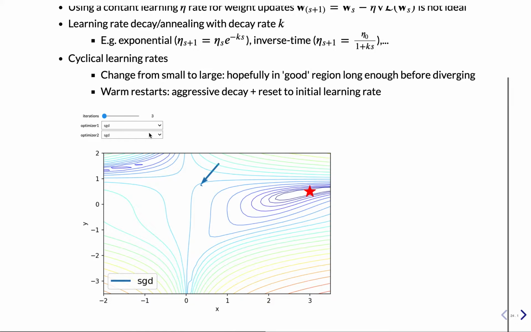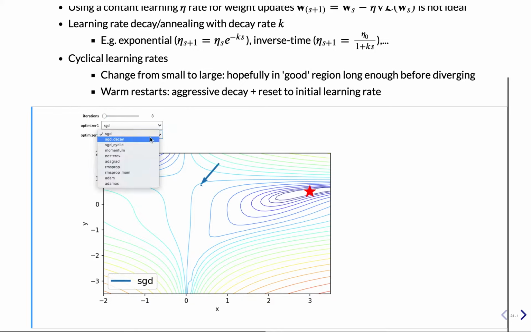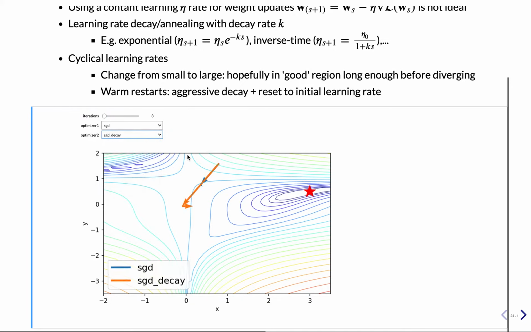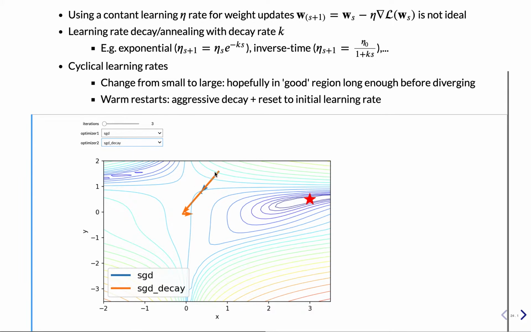and we can compare normal SGD to SGD with weight decay. Now, the version with decay typically has a larger starting value for eta, so that's why it takes a bigger jump here. Then after this iteration, we compute the gradient at that point, and we make a step in the direction of that gradient.